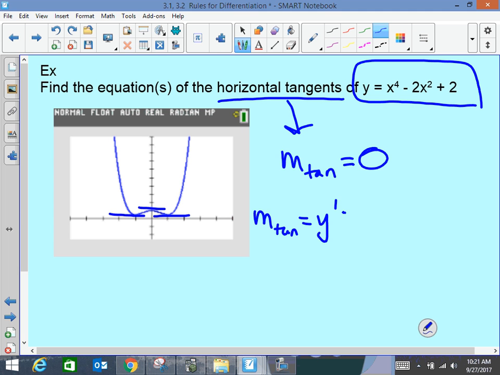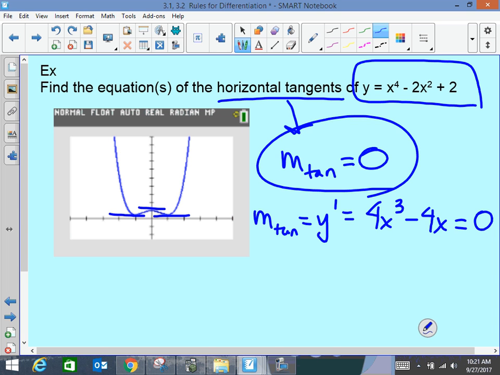So what is y prime? 4x to the third minus 4x. Okay, so that equals 0. So you have to interpret what they need. It's just like geometry. What are they giving me? They're giving me that I want this. And what do I have to do? I have to solve this.